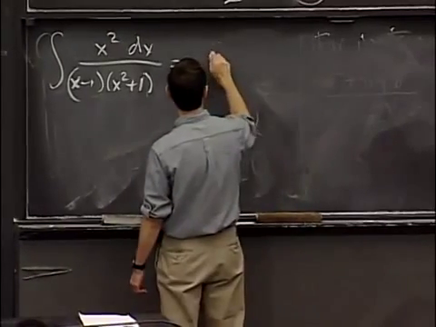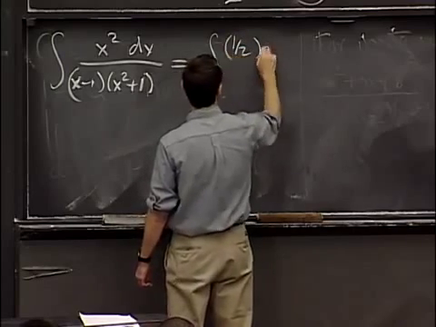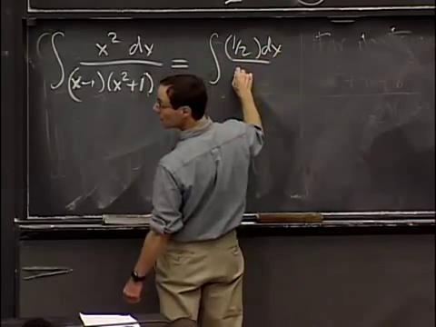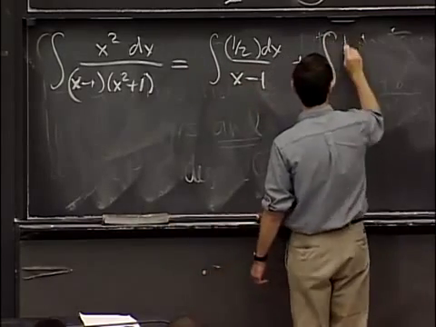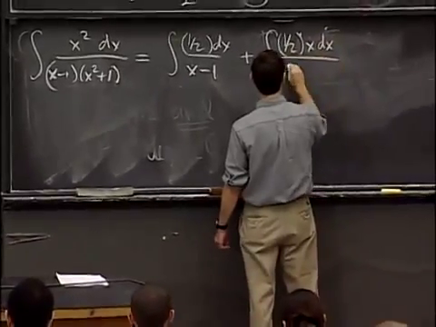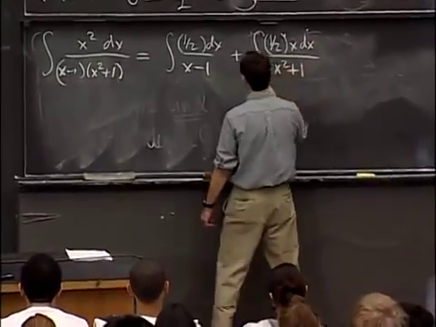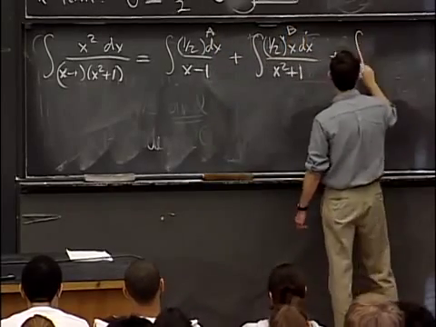So what are the pieces? The pieces are a half over x minus 1, plus a half x over x squared plus 1. This is the a term, this is the b term, and then there's the c term.